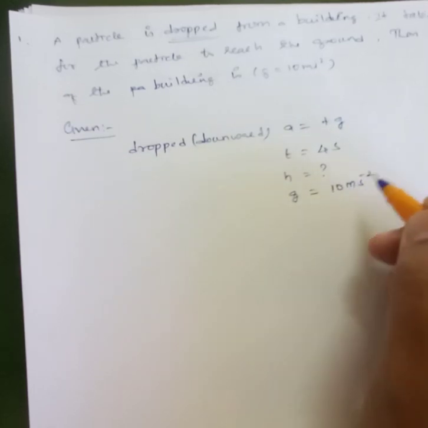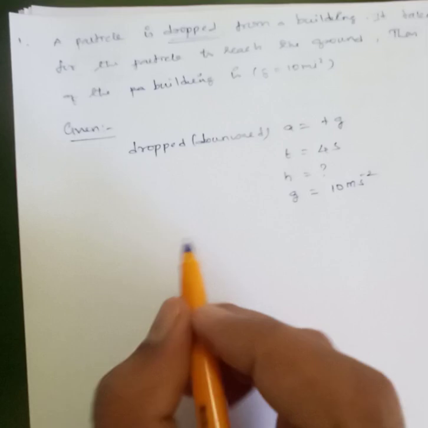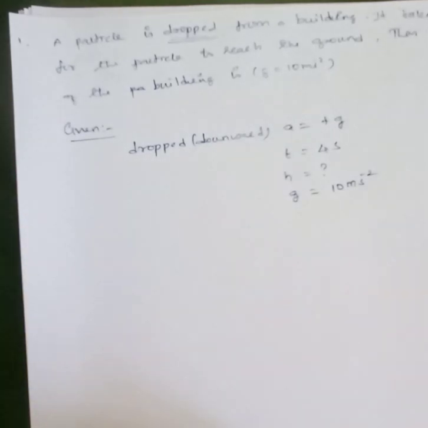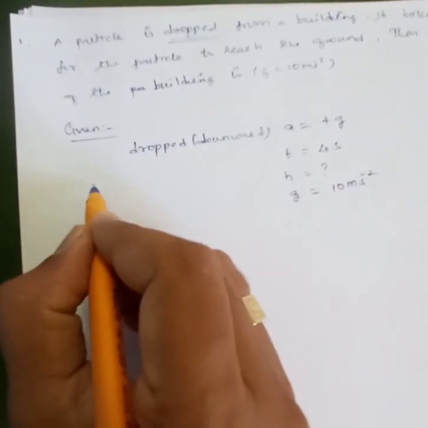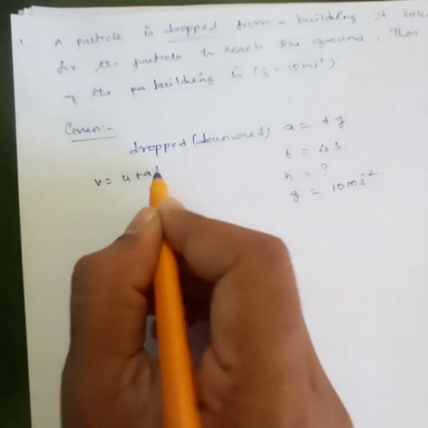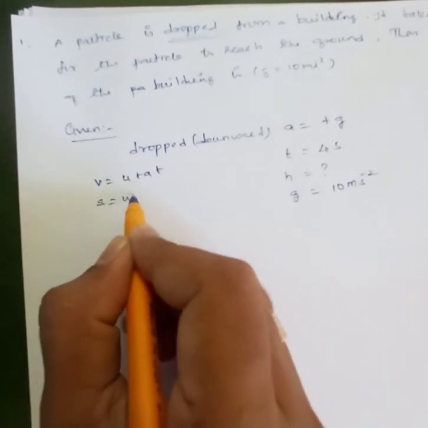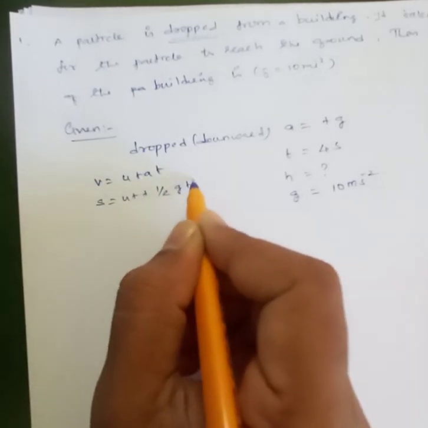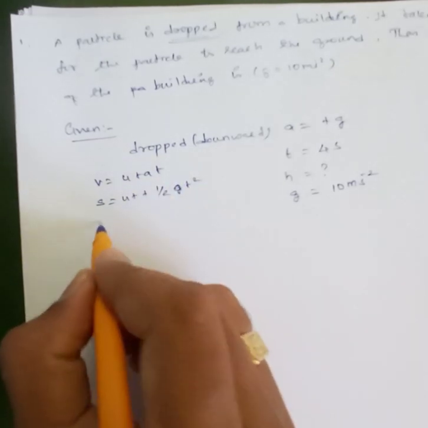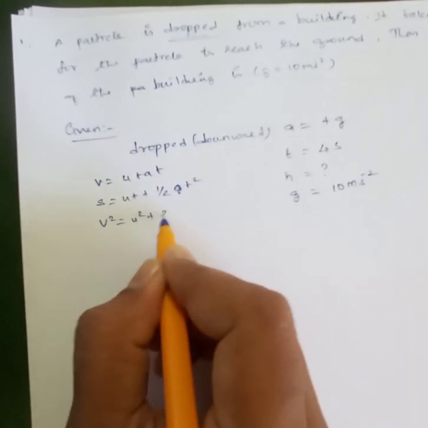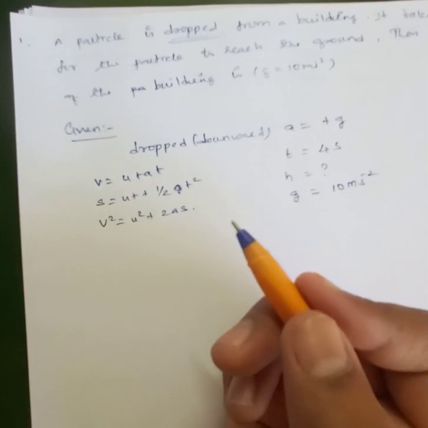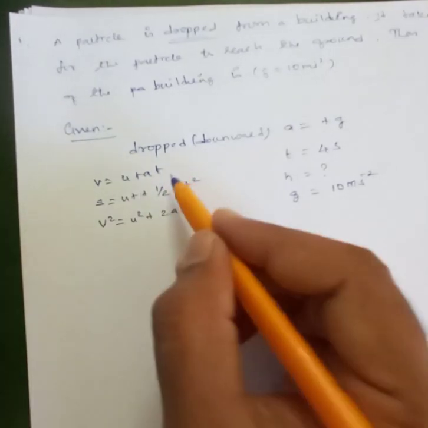From the three equations, v is equal to u plus at, s is equal to ut plus 1 by 2 at square, and v square is equal to u square plus 2as, we have to find which one is suitable.